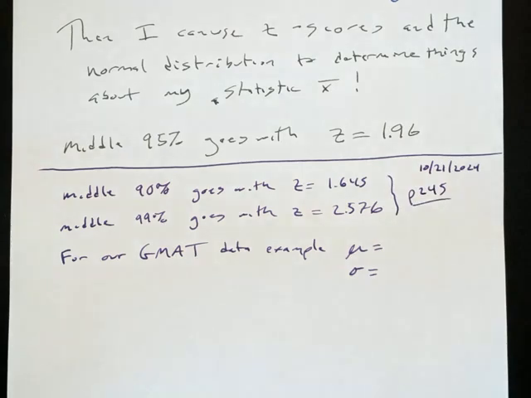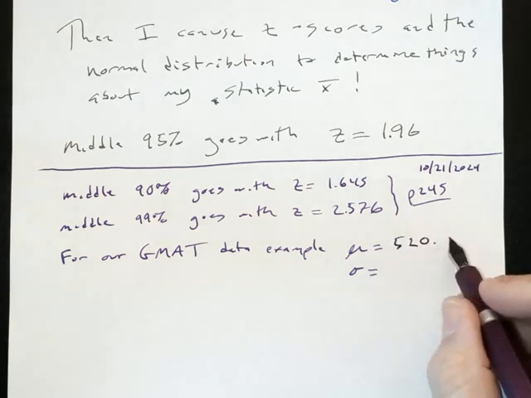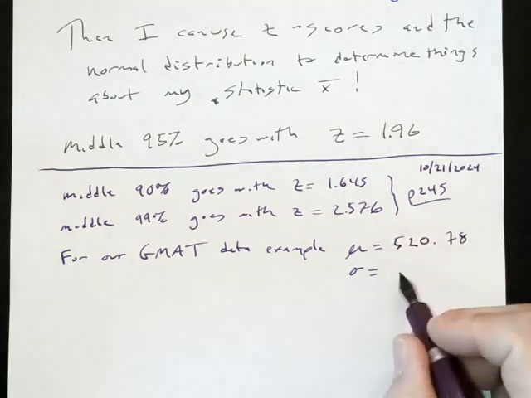Standard deviation and mean for our GMAT data was 520.78.